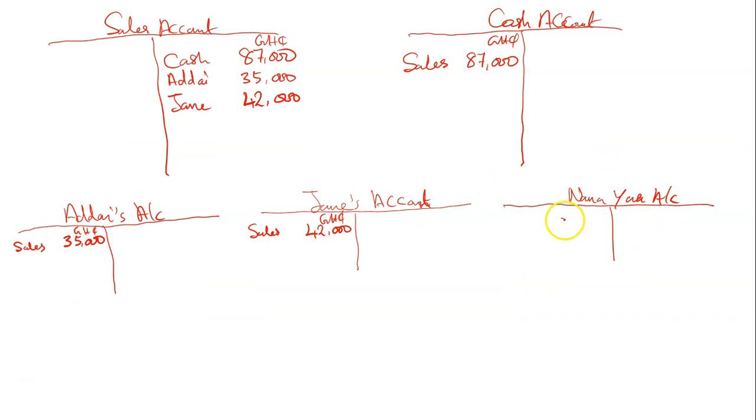Then we debit it 72,000 in the name of sales. So since Nanaya's account has been debited in the name of sales, then we should go and what? Credit sales account in the name of Nanaya. 72,000. Then let's proceed to the next transaction.